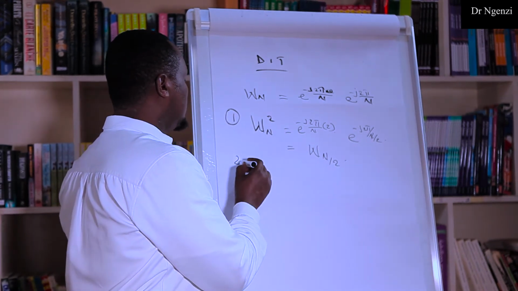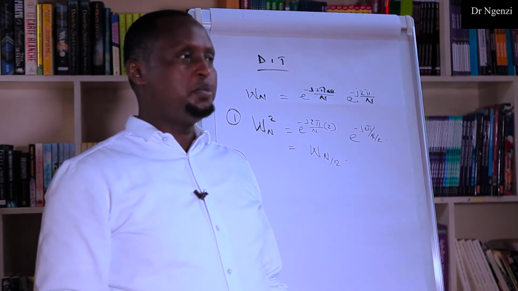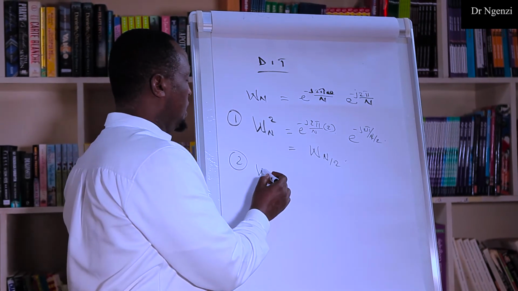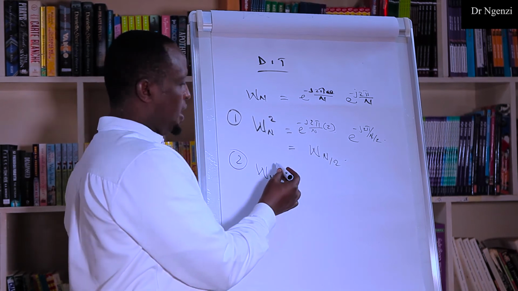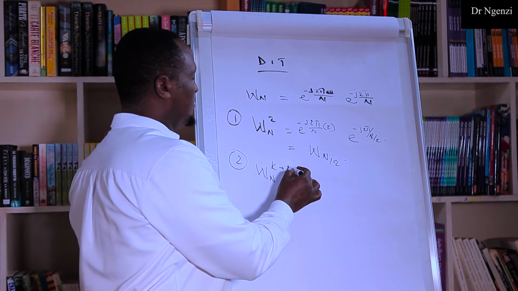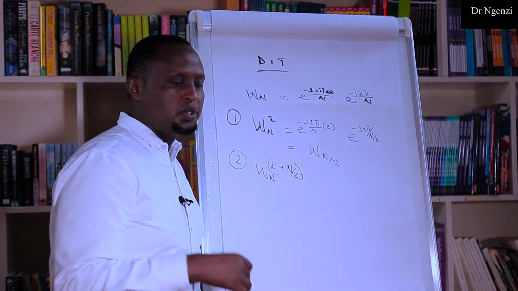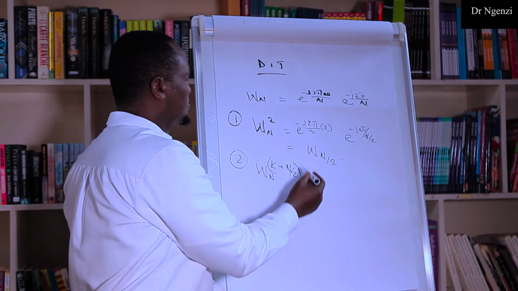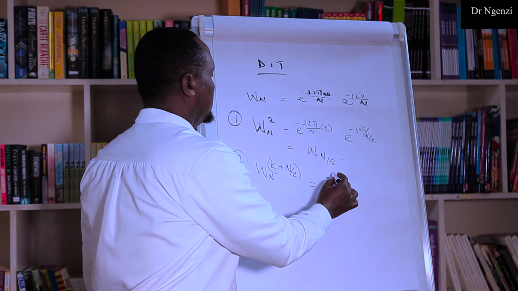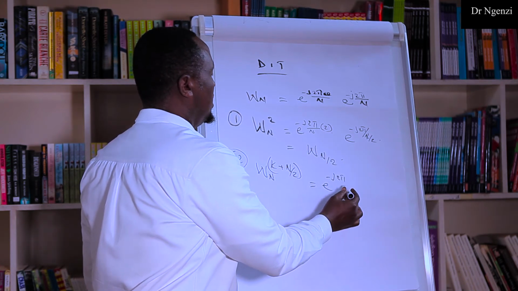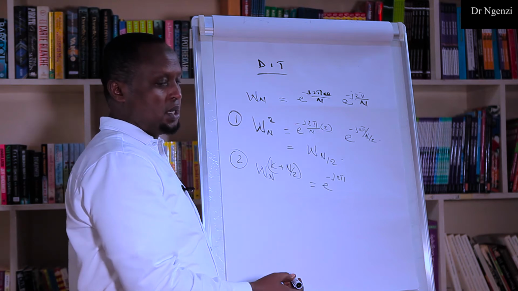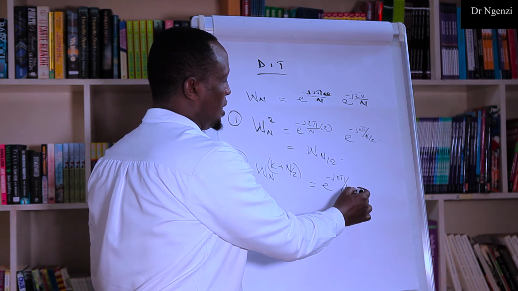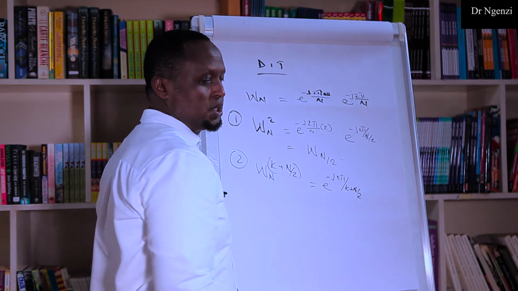Relationship number 2 is, suppose we have a shift theorem whereby we have W_N shifted, so it is k plus N over 2 in this case. What will come out? According to this value here, we shall have j2 pi, and it can also be k plus N over 2.